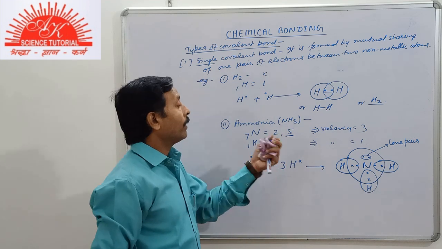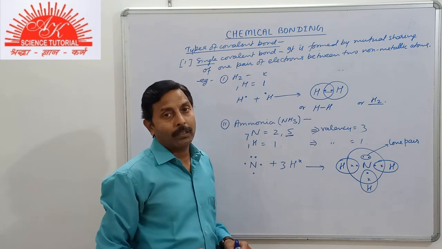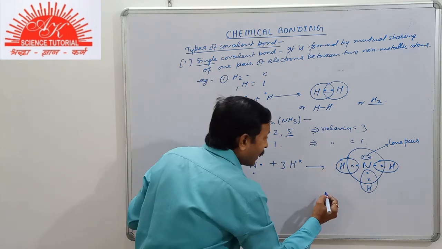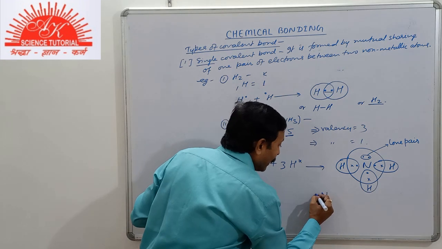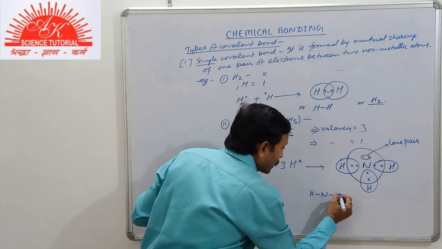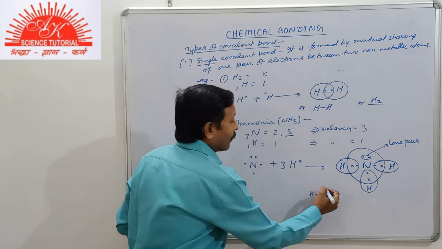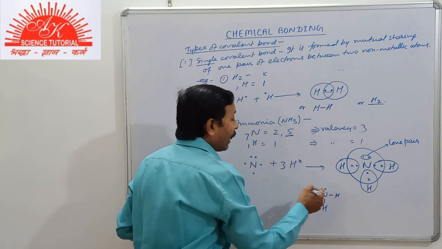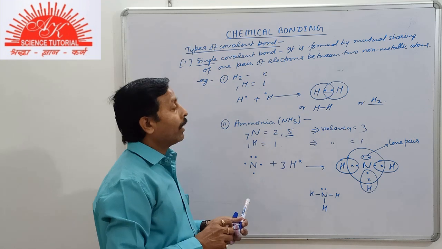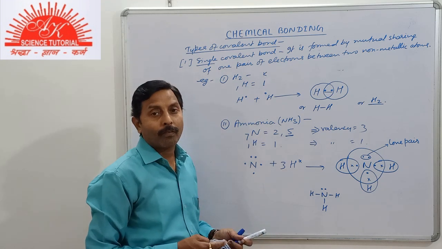Hence, all of them are stable. It can be represented as N-H single bonds. So this is a lone pair. There are 3 single covalent bonds.